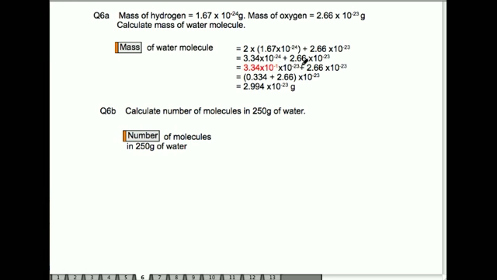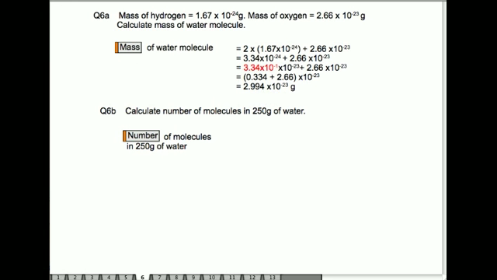So once the power of 10 is the same, we can factorize it out and add the numbers, giving us the answer 2.994 times 10 to the power of minus 23.